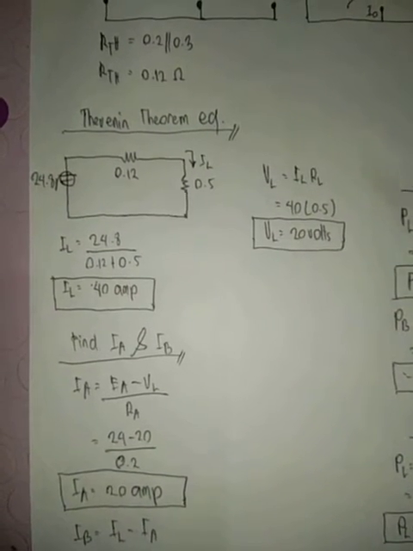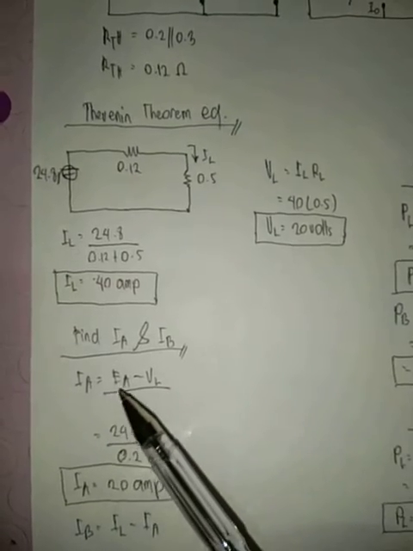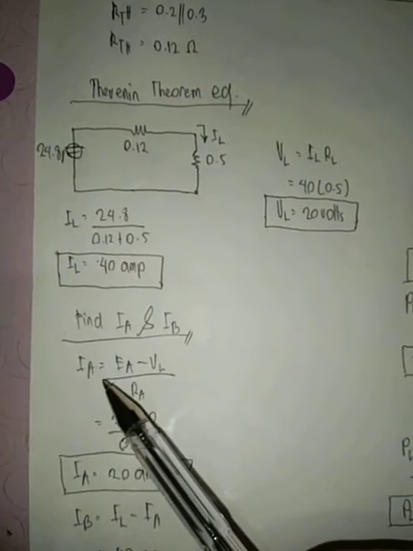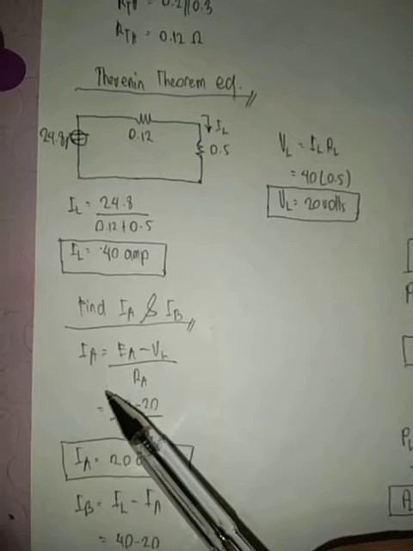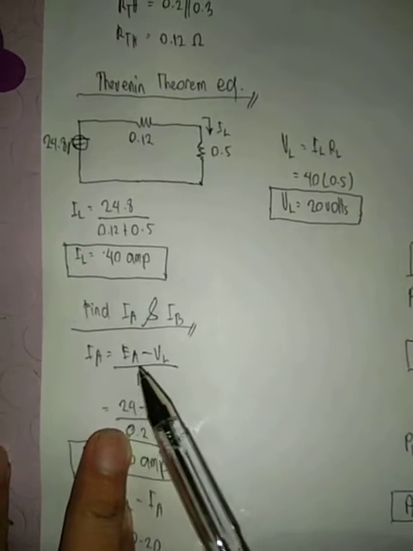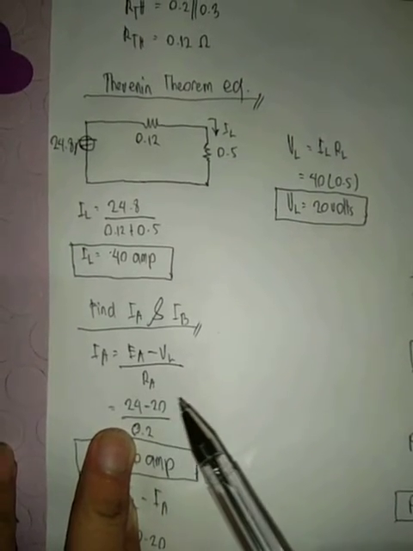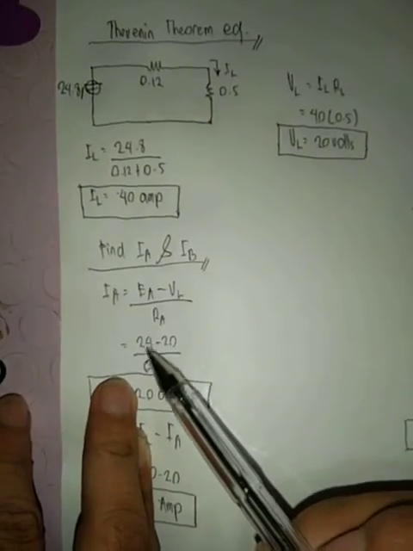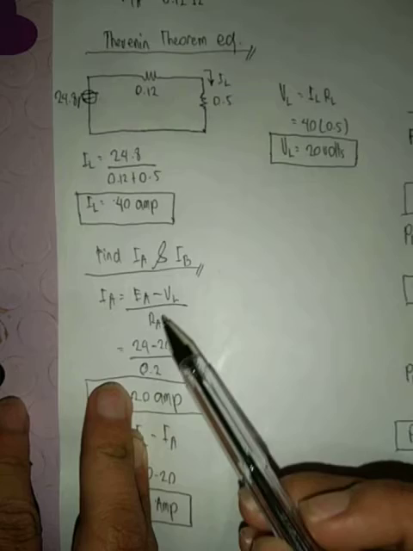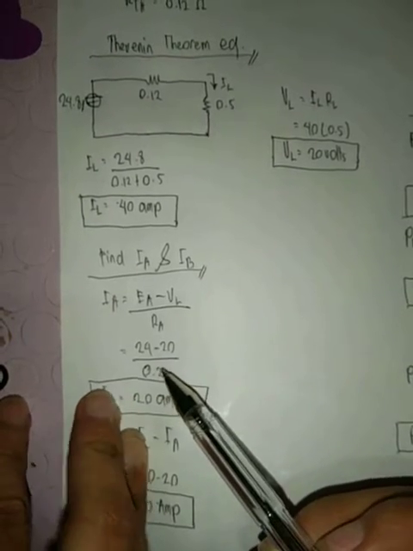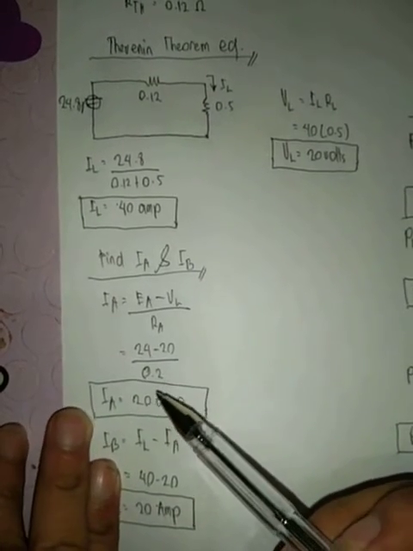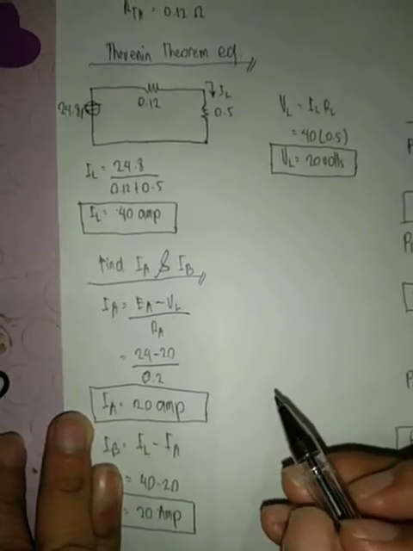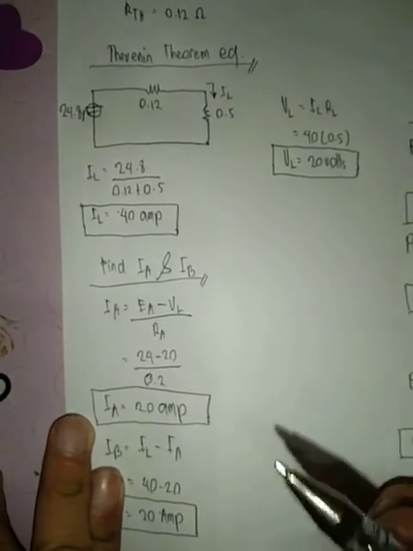We have 20 volts. Now find IA and IB. The formula for IA is EA minus VL, divided by RA. EA is 24, VL is 20, and RA is 0.2.